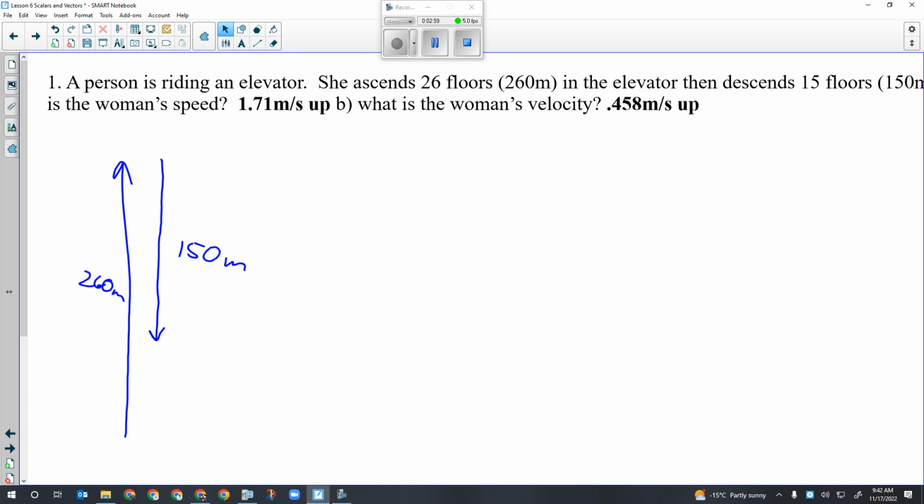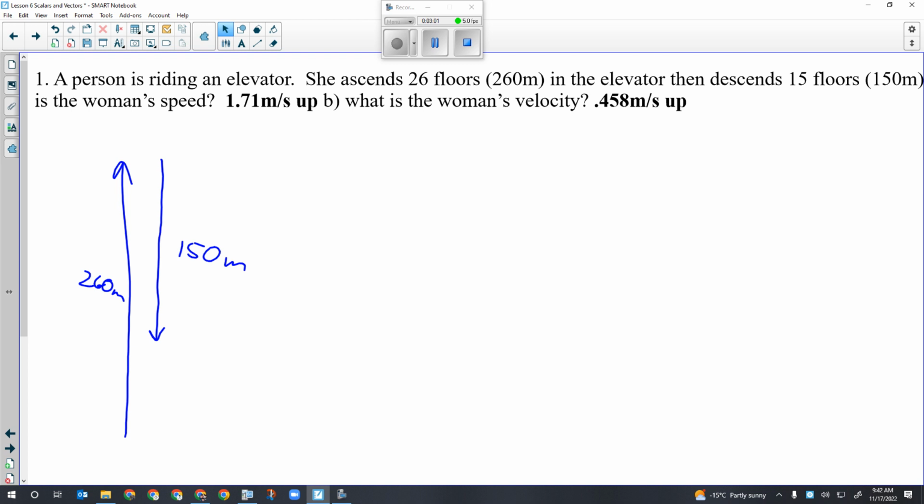So if the whole thing takes 240 seconds, that's the total time. Agreed? So I don't have to do what I did on some of the other questions, where I was figuring out the time for each part. They told me the total time is 240 seconds. How do I find her displacement?